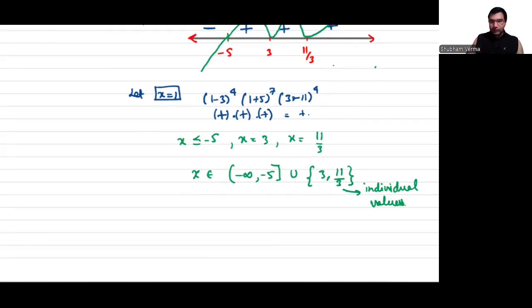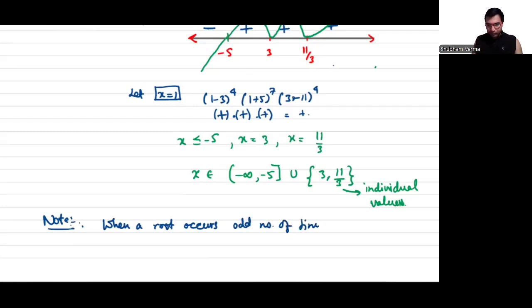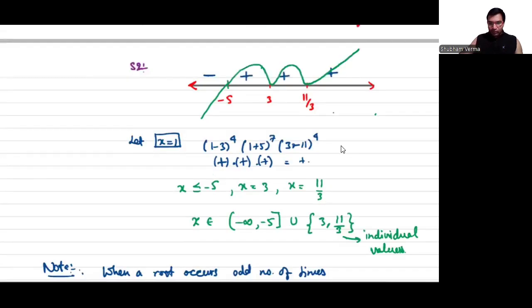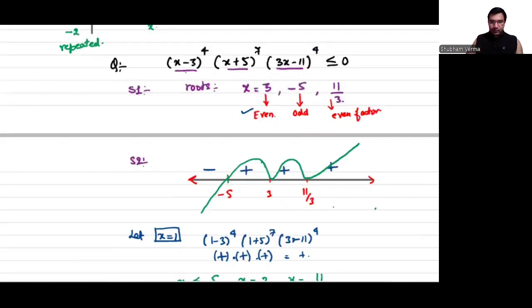So let me give this as a note. What is the learning from here? We can say when a root occurs an odd number of times, like what we have seen over here, x to the power 7, right?